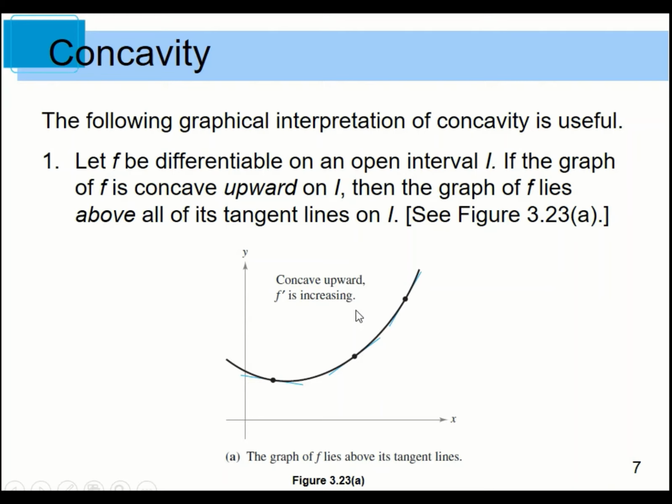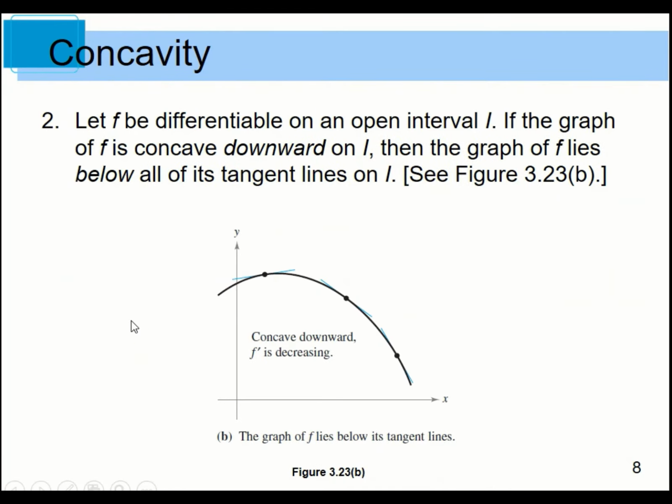We have to remember this. When f prime is increasing, the curve will be concave upward. When we have a curve like this, the curve is concave downward, and this happens when f prime is decreasing. So we remember it this way: when f prime is decreasing, the curve is concave downward.